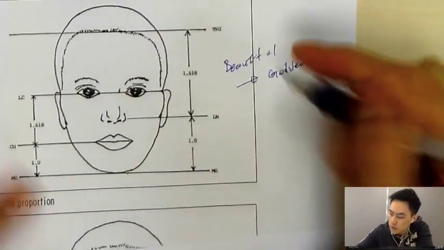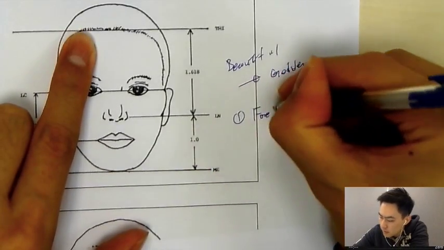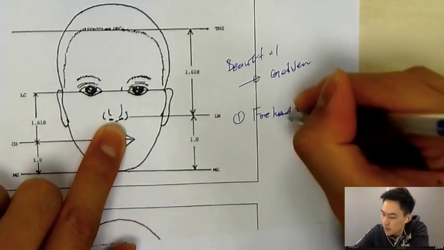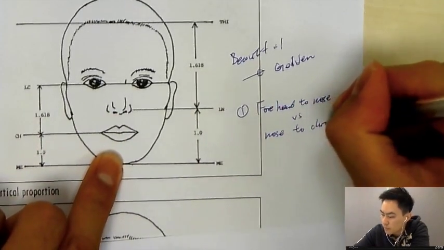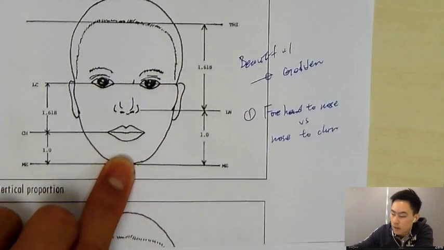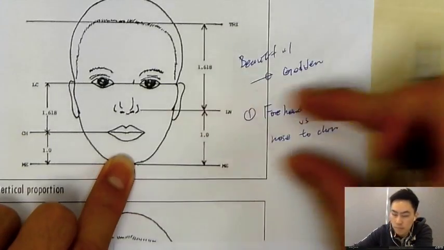And you can see, the first pair, you can write it down, is the forehead to nose versus nose to chin ratio. After we do the calculation, I want you to get different faces and calculate based on these values.